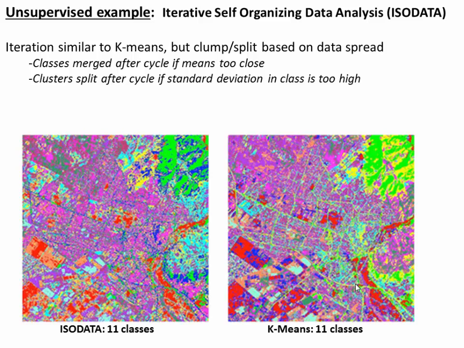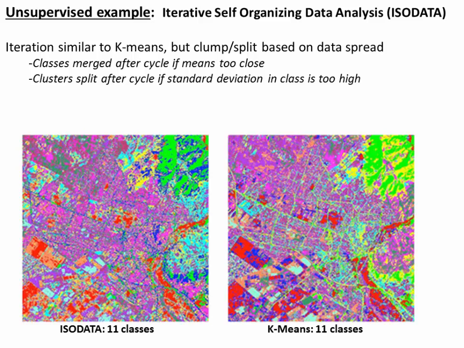Now, the isodata approach is very similar, except the clumping and splitting of the groups is based on the spread in the data rather than the distance from a pixel to a given mean.